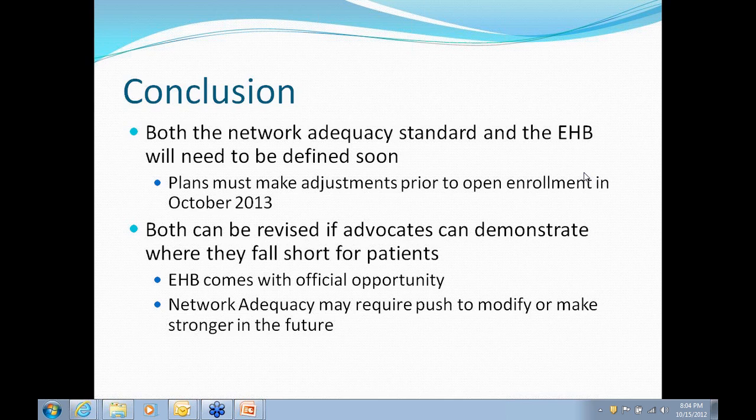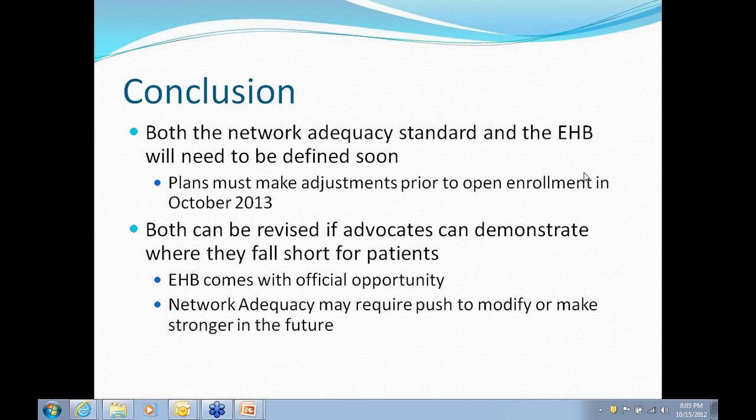I said early on in the presentation, about 20 states have some standards for network adequacy for their private plans. Many states, as they move to managed care for Medicaid, have contracts with much more specific requirements for adequate networks.